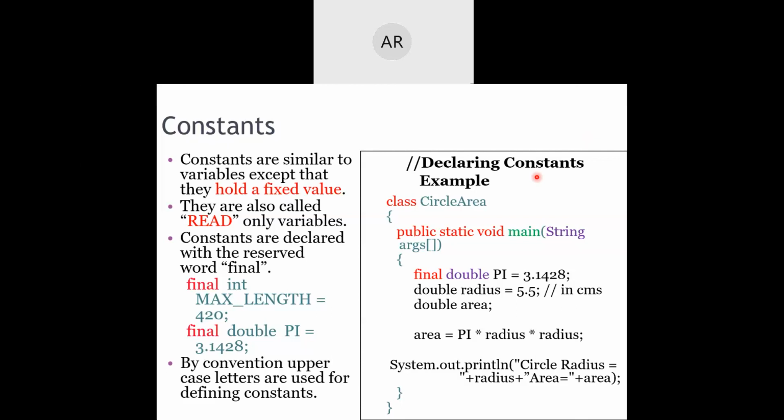I'm again repeating, what is the category of area and radius? Are they local variables? Are they static variables? Or are they instance variables?